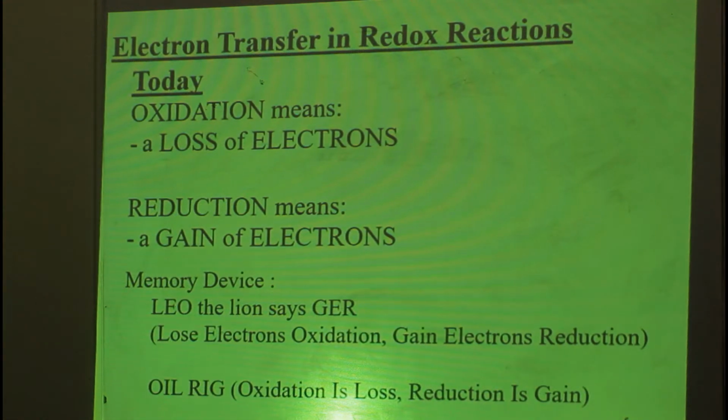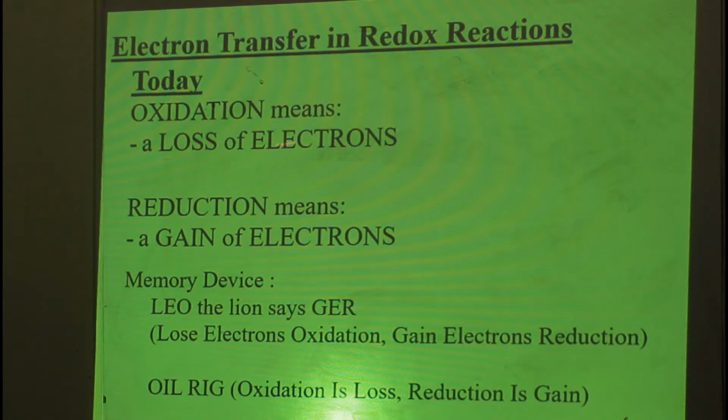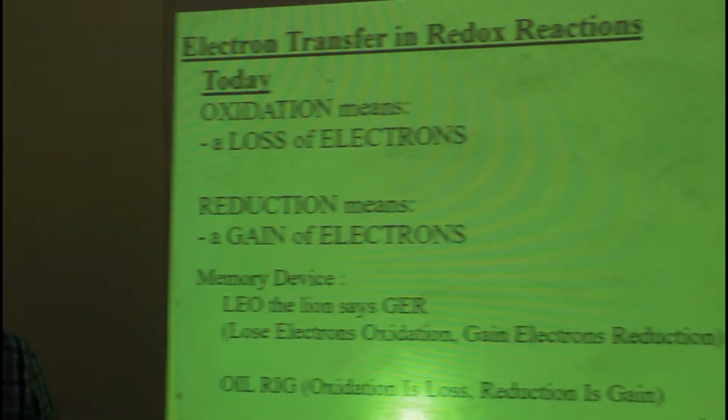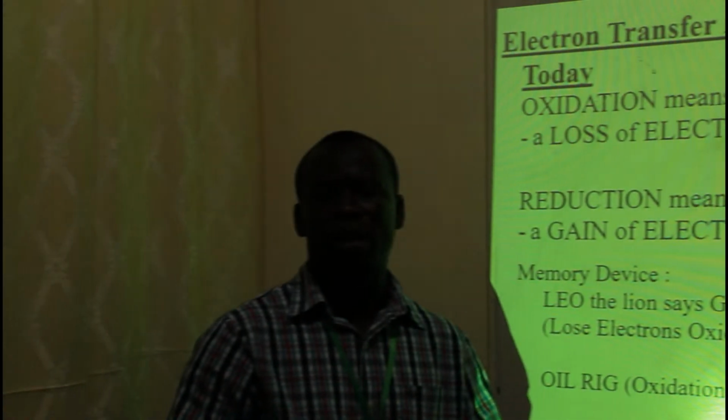Now, in terms of electron transfer, oxidation is the loss of electrons, and reduction is the gain of electrons. So this is a short way to memorize all this.